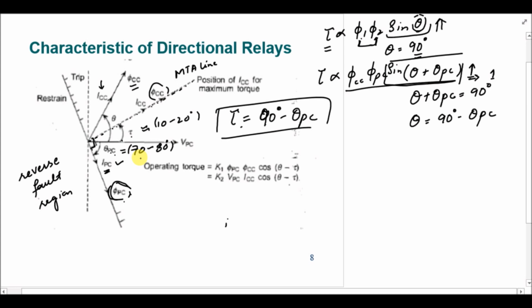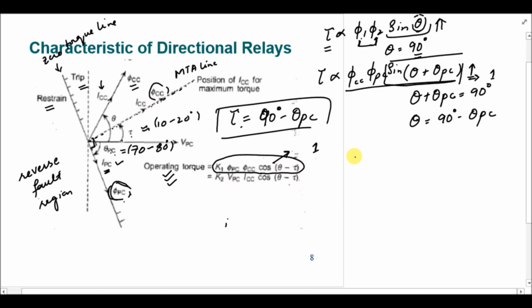right? So now the question arises is how can we define this zero torque line? On one side of the zero torque line, we have a restraint region, and on the other side we have a trip region. Now we want to make this operating torque maximum, and in order to make this operating torque maximum, we have to make this whole term maximum, right? And for that, cosine theta minus tau should be equal to 1, right?